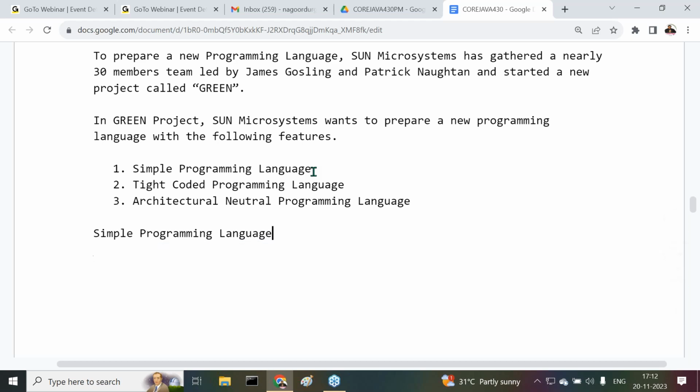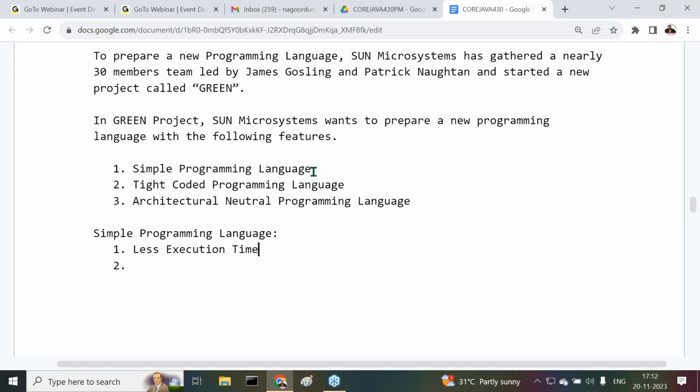All of you observe carefully. In a simple programming language, they have included three factors. What are the three factors they have included here? The very first one is less execution time.